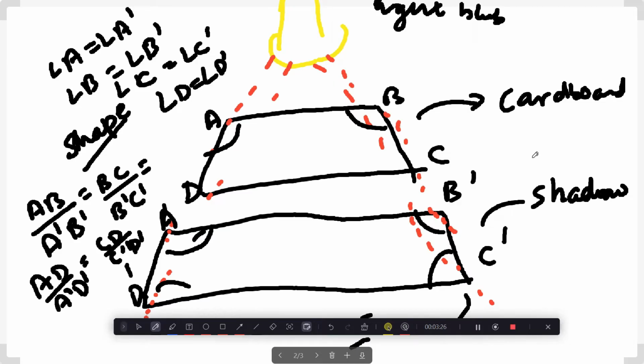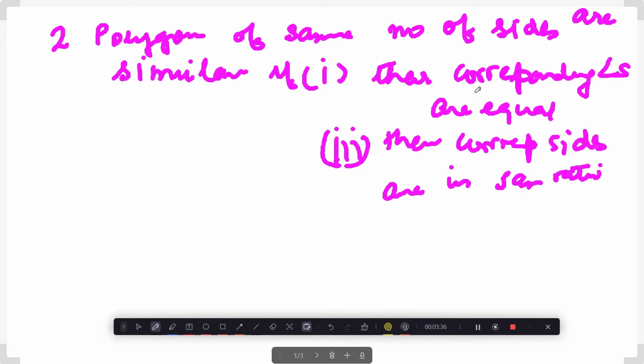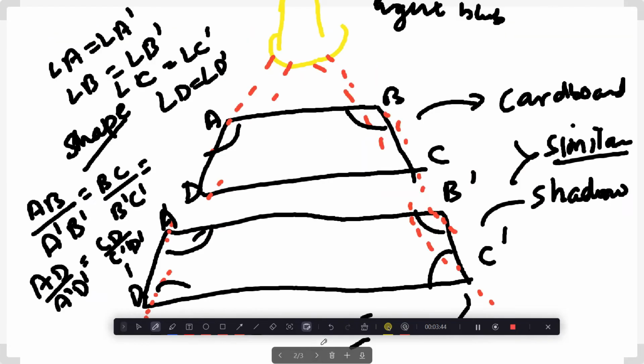So therefore these are similar. As I said, two polygons with the same number of sides are similar if their corresponding angles are equal and the corresponding sides are in the same ratio, which we saw was the case here.